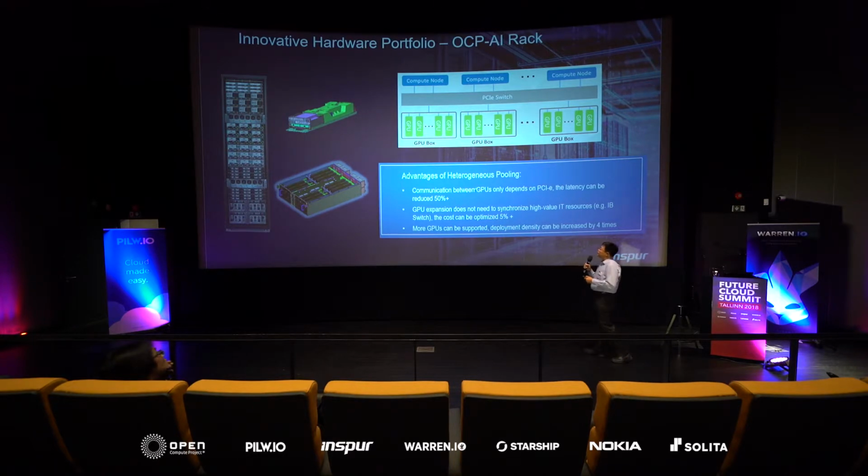So why do we use pooling? There are some advantages. One advantage is that we can lower the latency compared to the traditional architecture. We can also optimize cost by 5%, and increase the compute density compared to the traditional architecture.